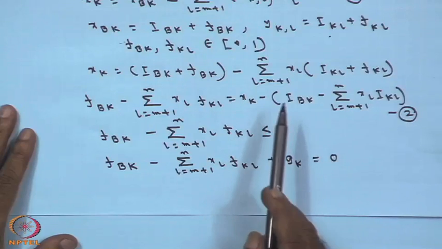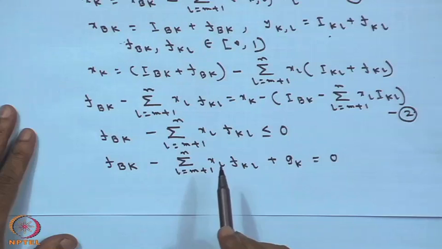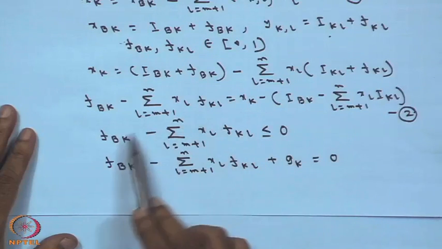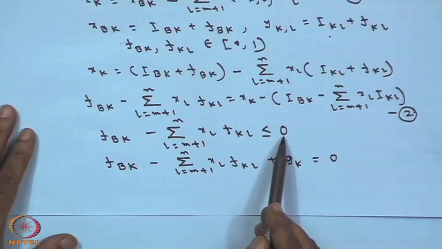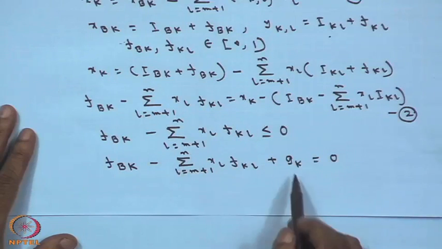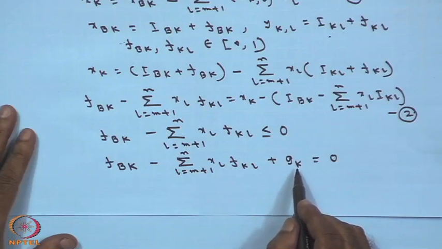So, for it to be integer, what basically did we derive? We derived the condition that this should be less than or equal to 0 for a particular kth variable. So, we are introducing one slack variable, which we call the Gomorian slack variable, and we are writing this.